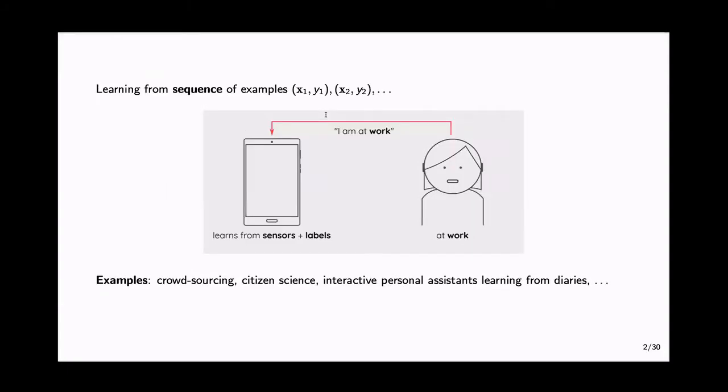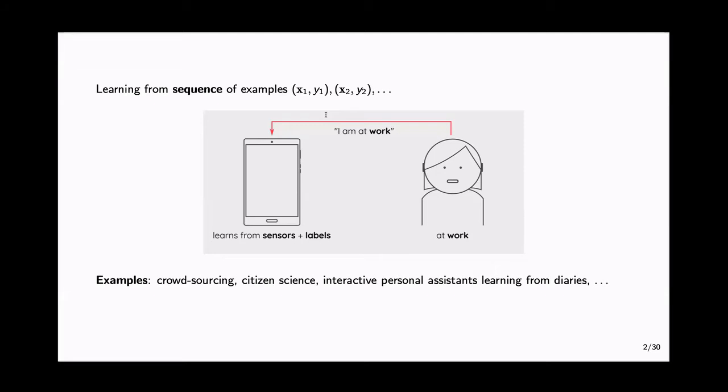So let me start with our setting. Basically, we have a sequence of examples and labels that arrive over time. Some applications can be crowdsourcing, citizen science, interactive personal assistants.